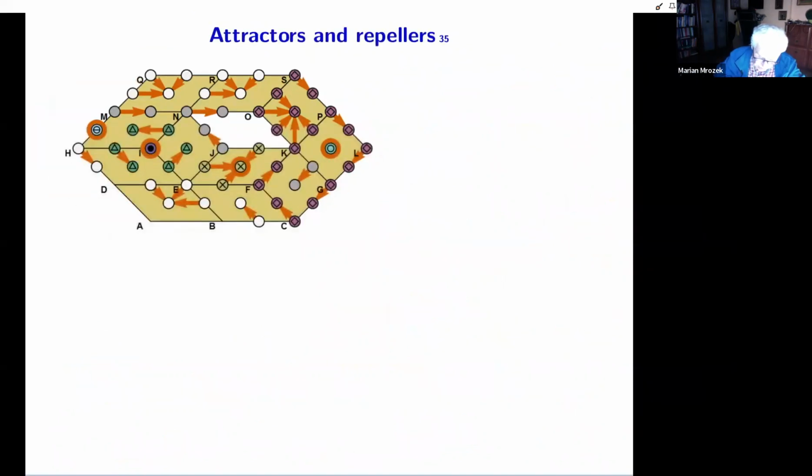As you can guess, I will not give a precise definition of attractor and repeller, or only mention, so you can define them similarly as in the classical case. But there is a nice characterization of attractors and repellers in this combinatorial setting.